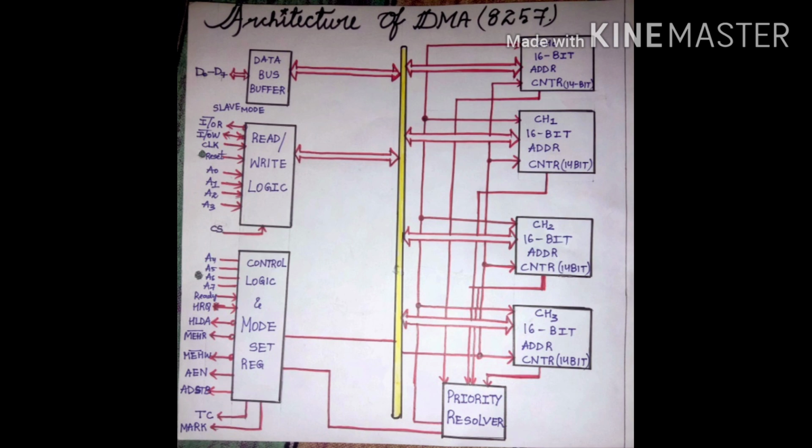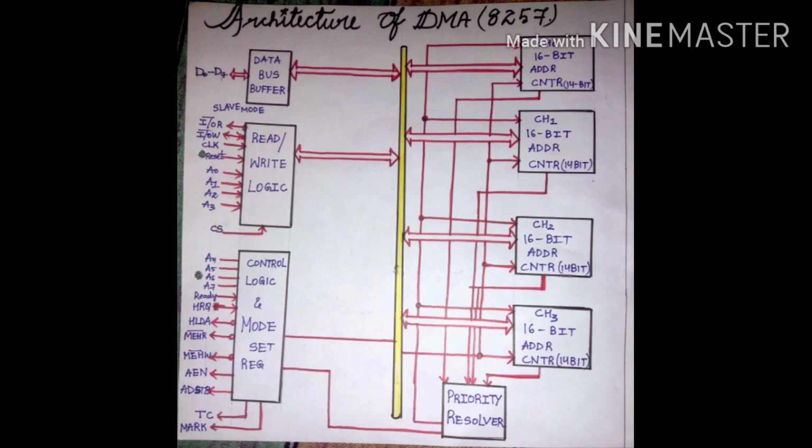A0 to A3 are the 4 least significant address lines and CS is chip select. A4 to A7 are the higher address lines, and there is the ready pin. HRQ is the hold request, which is used to receive the hold request from the output device. HLDA, the hold acknowledgement, is sent by the CPU to the DMA controller.